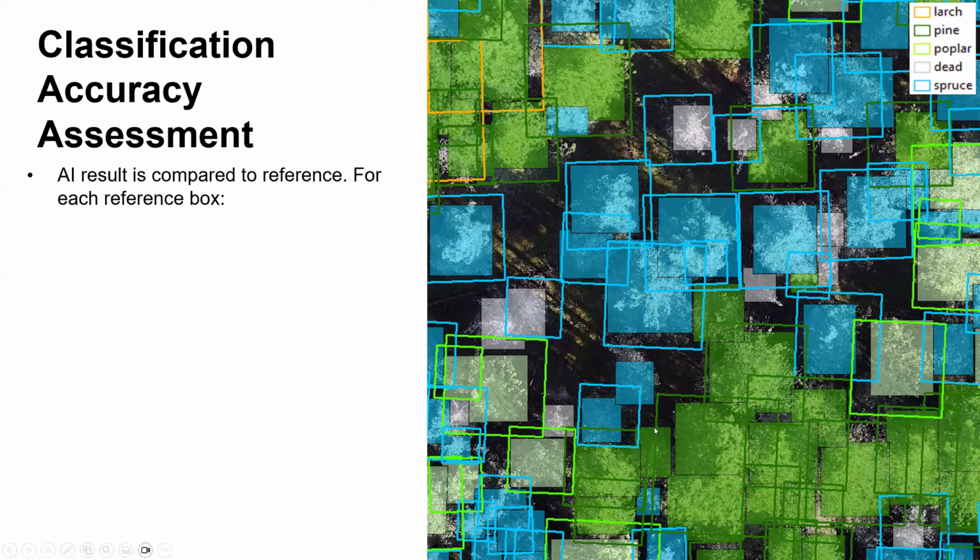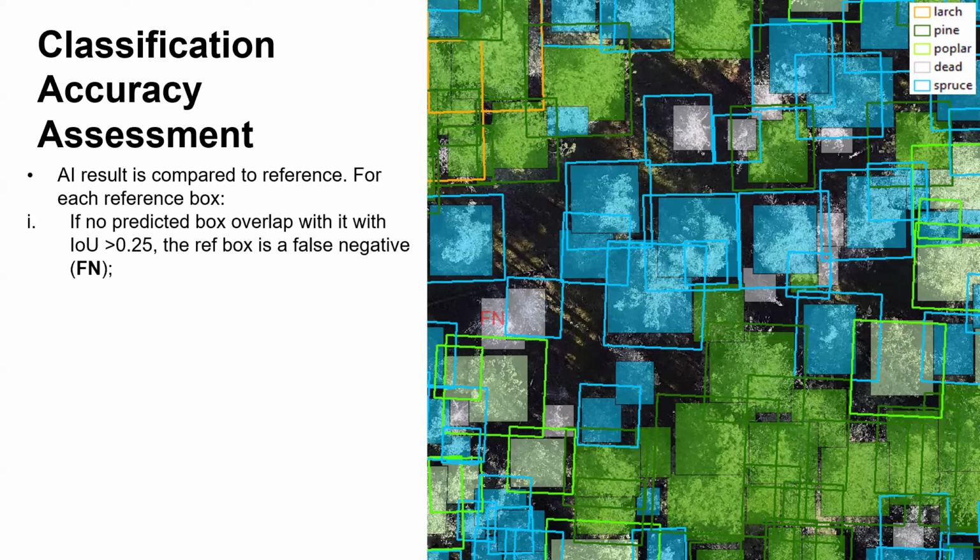So here we have again the same area, and the translucent boxes are the reference, the photo interpreted reference, and the hollow boxes are the AI predictions. Let's look, for example, at this dead tree. This is a reference. There is no counterpart in the AI, therefore that one is a false negative.